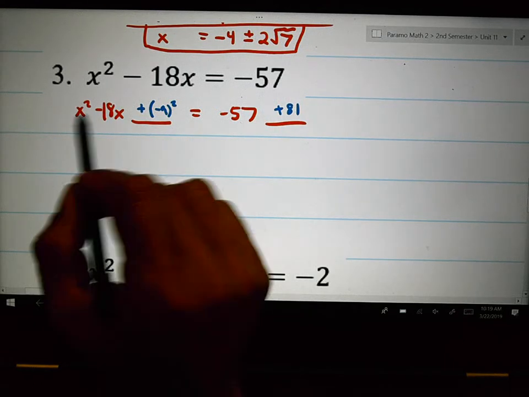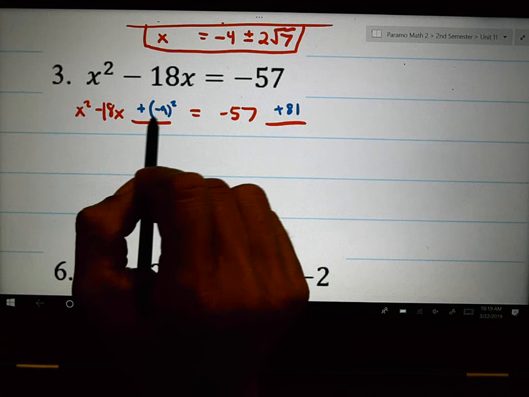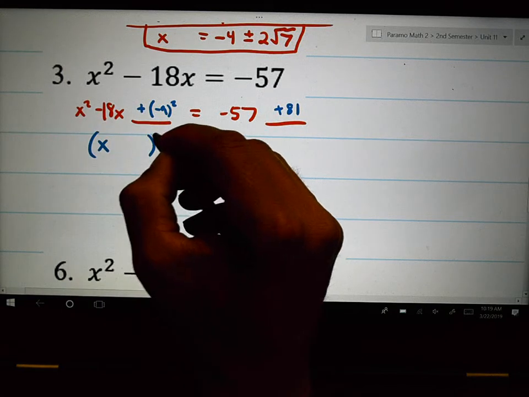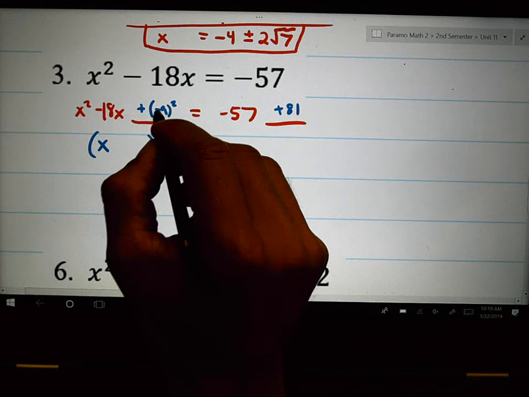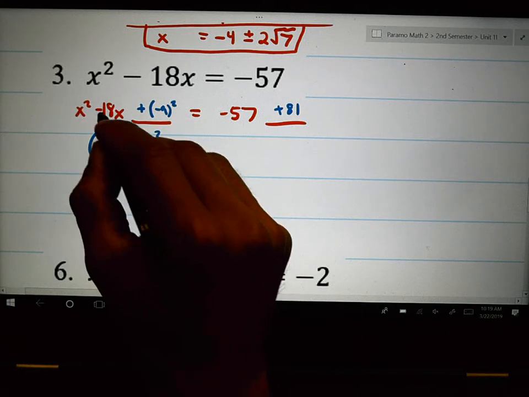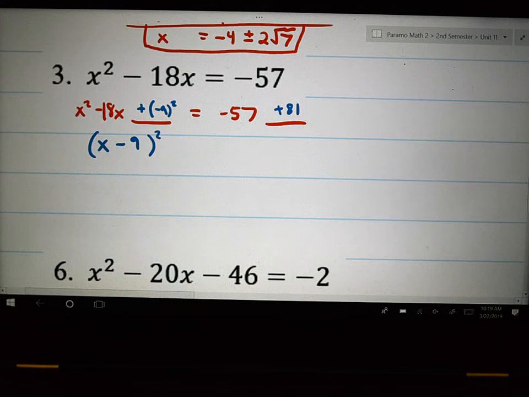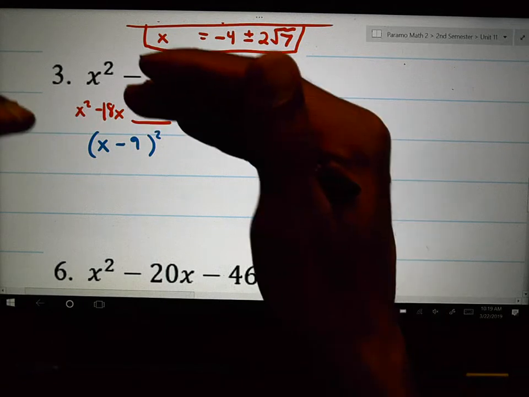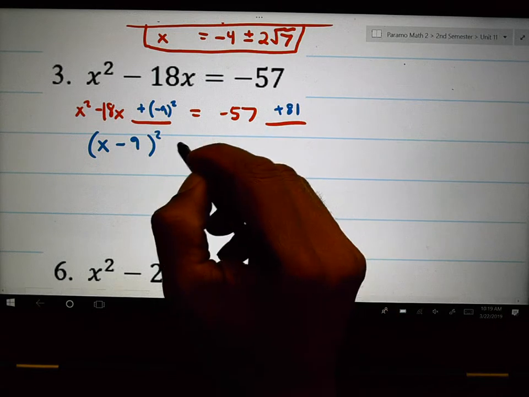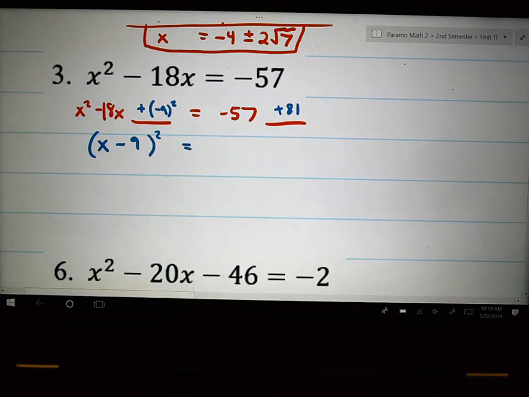The only reason I don't do the simplifying here is because it's going to factor perfectly every single time into whatever that B was. Half of B goes right there, including the same sign as the middle. It goes from that into a perfect trinomial squared. Equals 81 minus 57. I don't know what that is. I'm going to use my calculator.